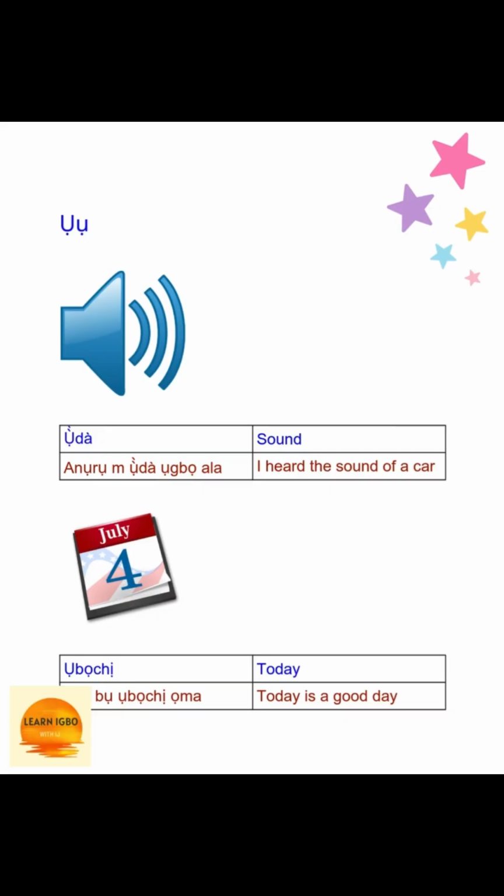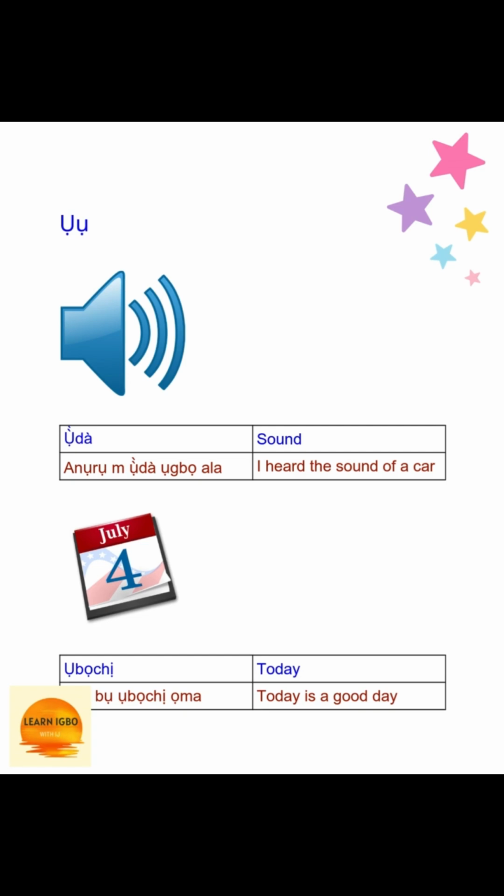All right, the next letter is the letter Ụ. This is almost the same as the letter U, but the difference is this U has a dot at the bottom. The U with the dot at the bottom is the Ụ.